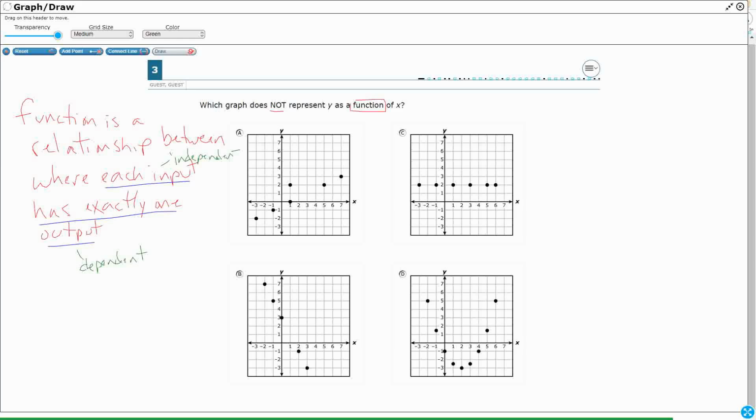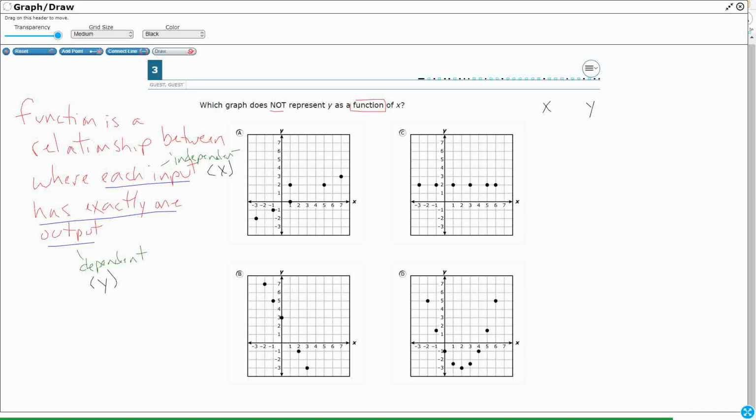And to be more specific, since we're graphing it here, we're talking about our independent variables 99 times out of 100 are going to be your x values, and your dependent variables 99 times out of 100 are going to be your y values. So let's do some mapping here. I'm just going to do A, I'm just going to do x, and I'm just going to do y, and we'll just do some mapping.